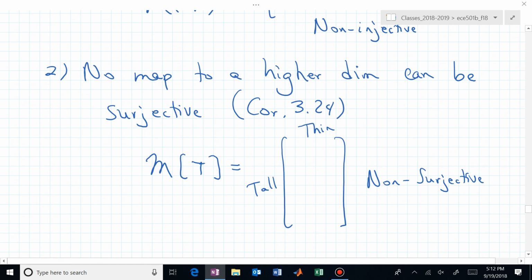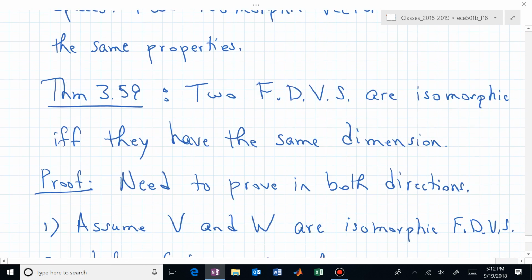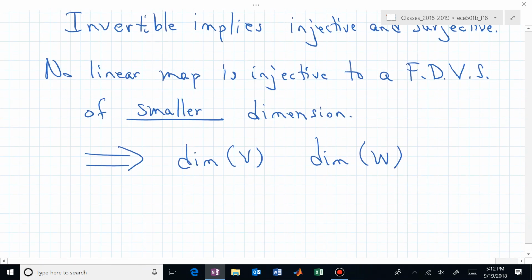So now what's the dimensional relationship between V and W for something like this? How is the dimension of V related to the dimension of W? Is it this way or this way? Can you tell which? So we're not necessarily concluding equality just yet.